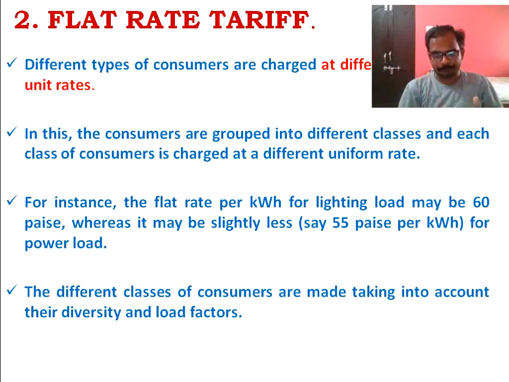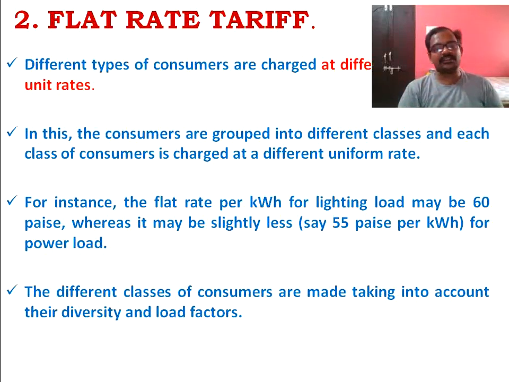If I consume some 100 units of lighting load and 100 units of power load, then 100 into 60 paise, that will be 60 rupees, as well as 100 into 55 paise, which will be 55 rupees. So 60 plus 55 will be 115 rupees.